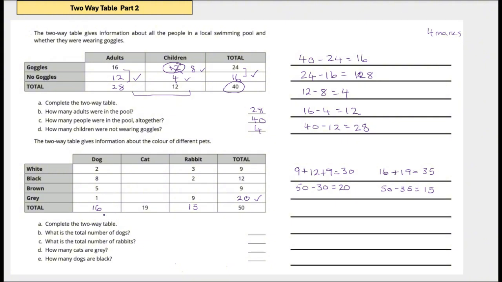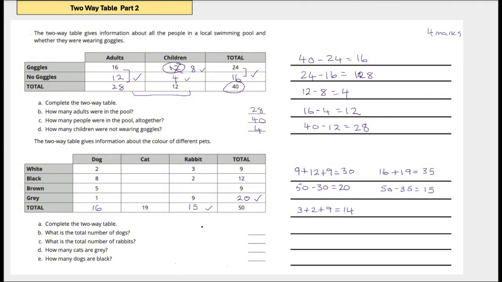Always go back and check. 16 plus 19 plus 15. Yes, that does equal 50. I am happy with that. Now we're looking good. For brown rabbits here, we can do 3 plus 2 plus 9, which comes to 14.